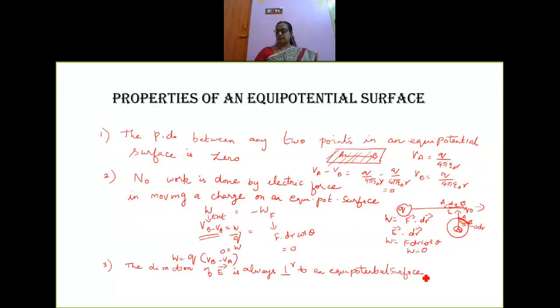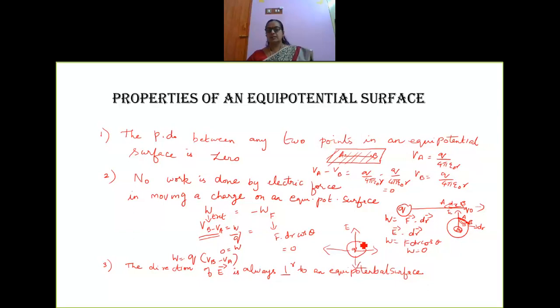Look at this diagram. Once again, go back to this diagram. Again, it is a sphere. I have a charge here, which is plus. Now, this is enclosed by a sphere. How will the field lines be? The electric field line will be like this; this is the direction of electric field.